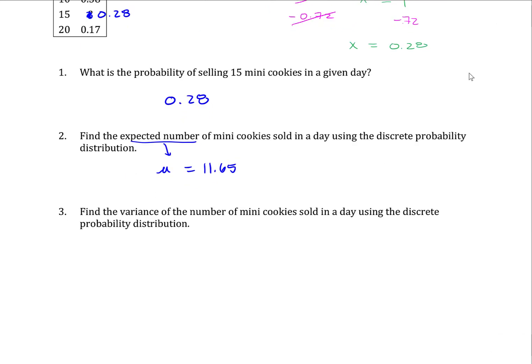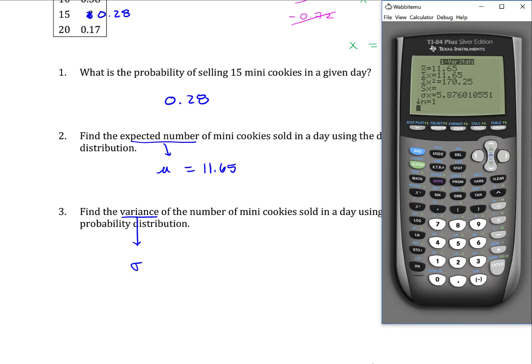Find the variance of the number of mini cookies sold in a day using the discrete probability distribution. The standard deviation is sigma, and the calculator does give us a value for that. In fact, it's 5.876 and a little bit additional to that.